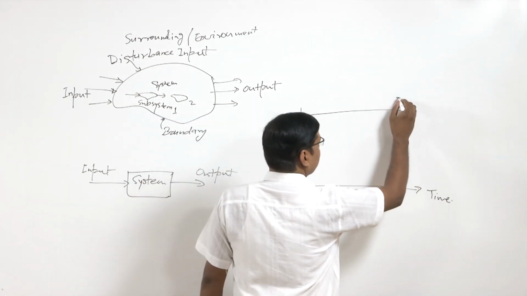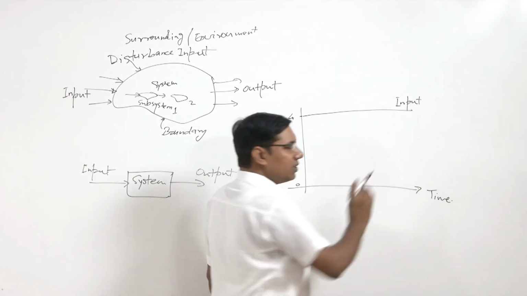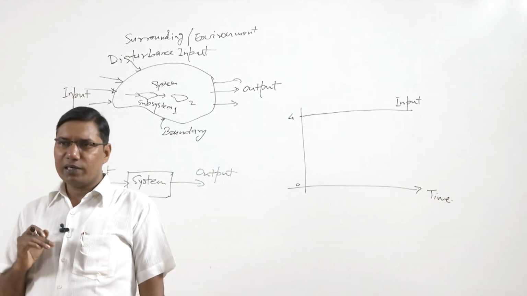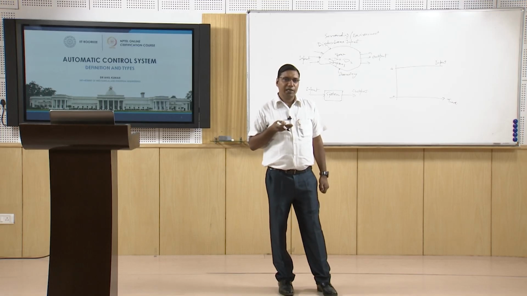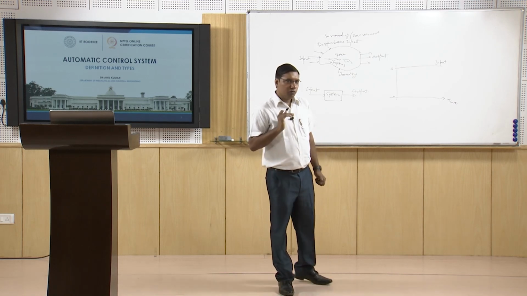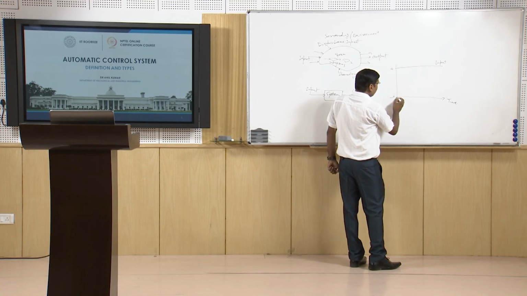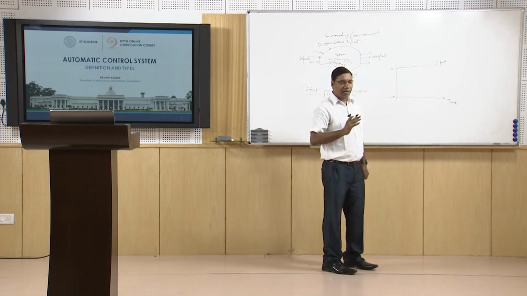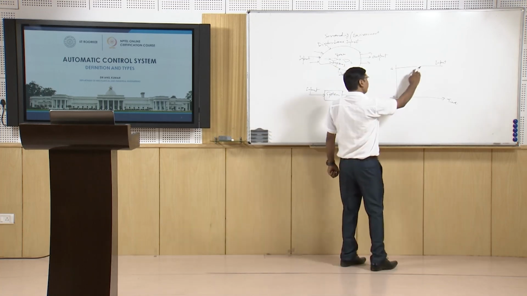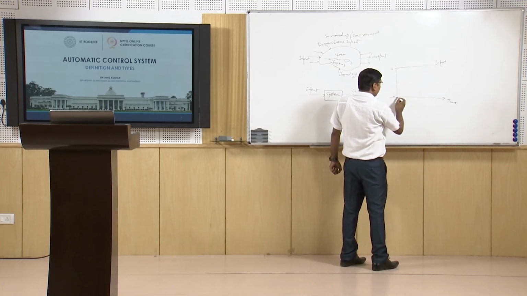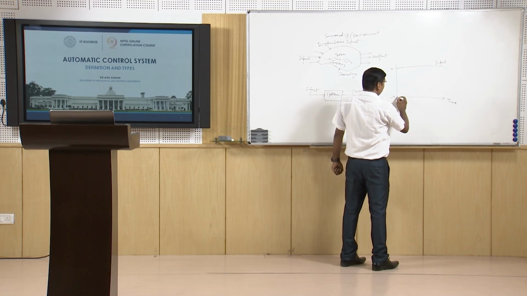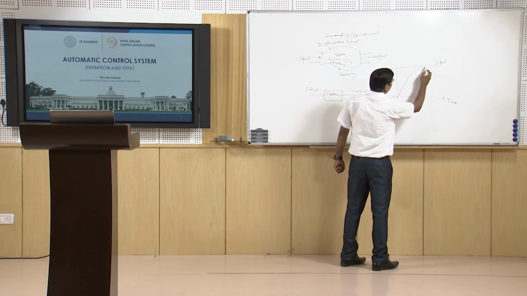This is input. We press the button number 4, so that the lift, or elevator, can take us to that floor. Now the elevator, from time t equal to 0 when we press the button, will take some time to reach this floor, and its response will be something like this.